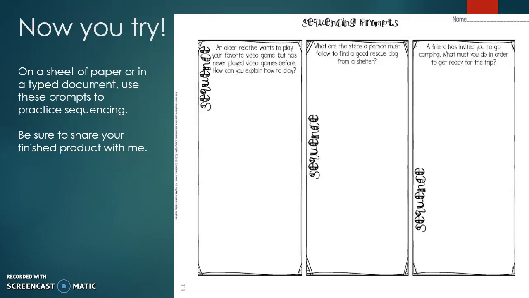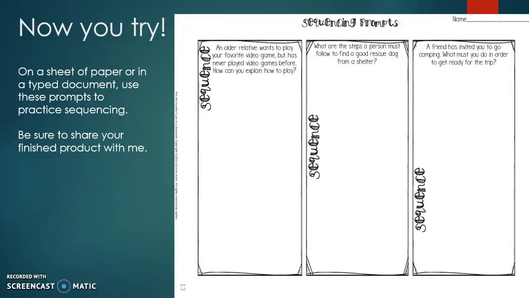You're going to write these 3 prompts, 4 to 5 sentences for each prompt, and then you either need to take a screenshot of it for me or type it up in an email or a Word document and send it to me.